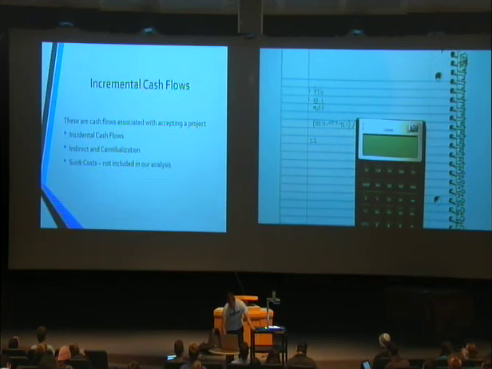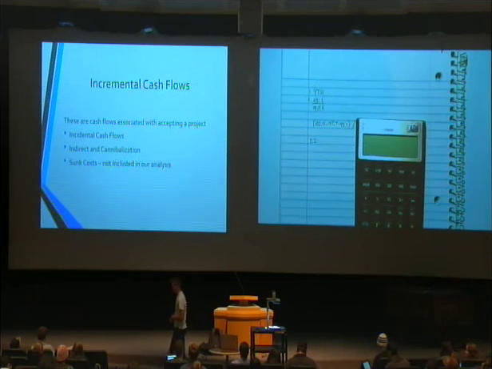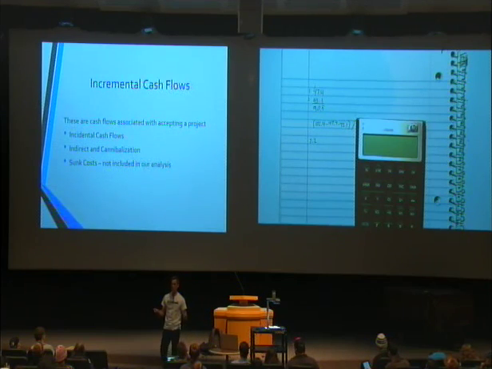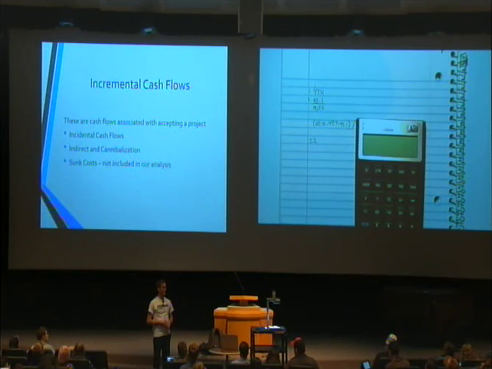Sorry, guys. Let's see. So sunk costs. I already have the answer there. Sunk costs are not included in our cash flow considerations. This is because we've already paid those dollars. So you guys have already paid your tuition. If you drop out of school, the tuition you've already paid shouldn't matter, right?